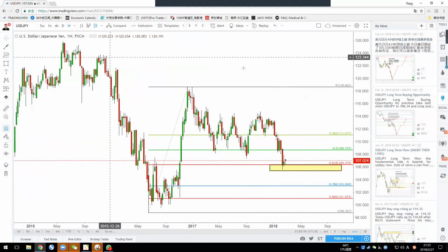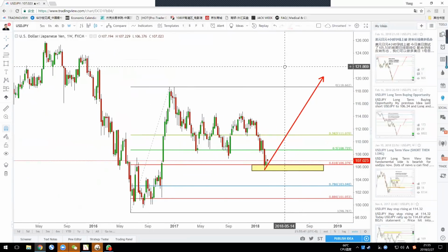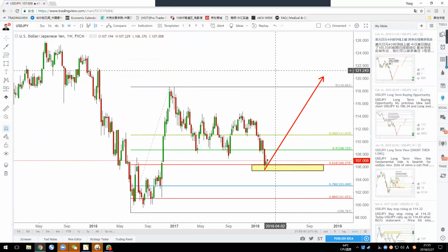Long-term, dollar yen will go up, because the dollar is increasing the interest rate, which pushes up the interest difference between the dollar and the yen. Which means if you're holding Japanese assets such as bonds or equities, you are losing in the currency interest.